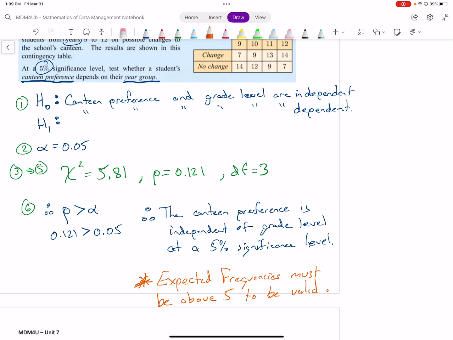Generally, if your observed values are below 5, your expected frequencies will also be below 5. The reason is, if you think about it, if I only have 2 people, take this example, 2 people in grade 9 who voted change, maybe I didn't have a big enough sample size. So you often have to have a large enough sample size in order to make it valid.